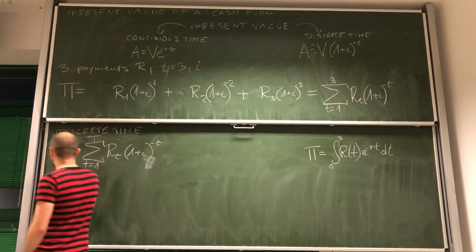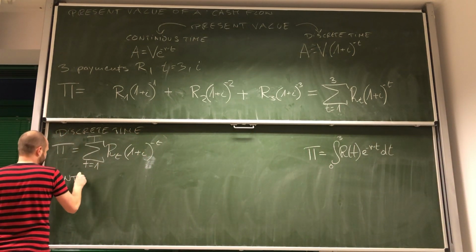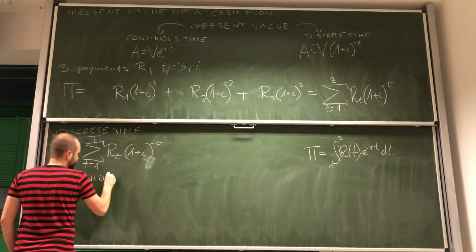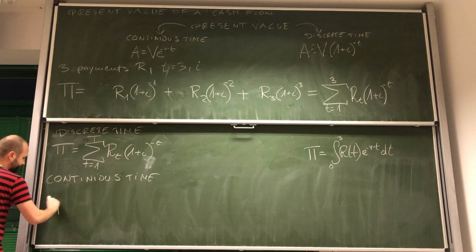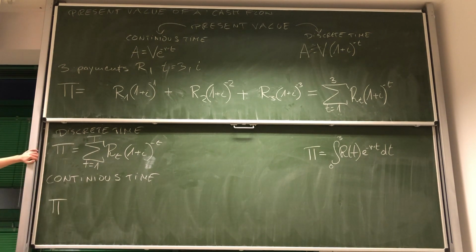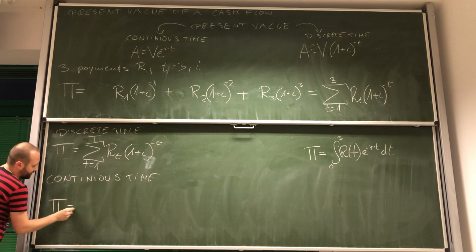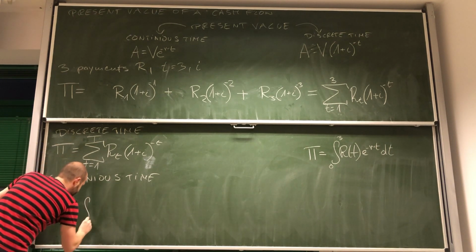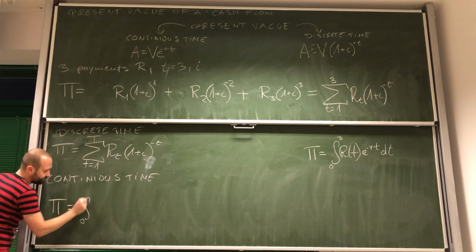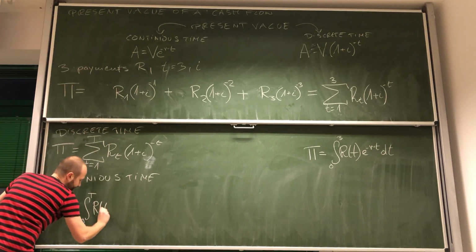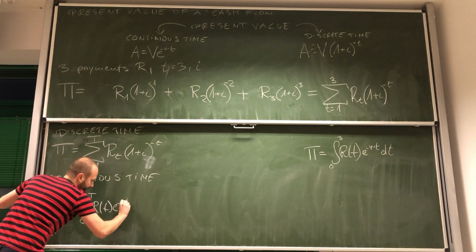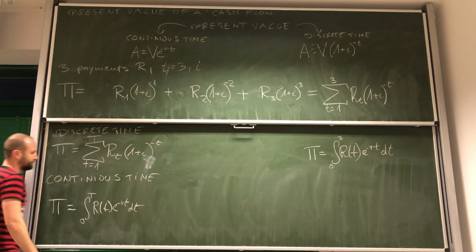The general formulation in continuous time would be that the present value of a cash flow or revenue stream is given by the integral from 0 to some point in the future, capital T, of r(t) e to the power negative rt dt.